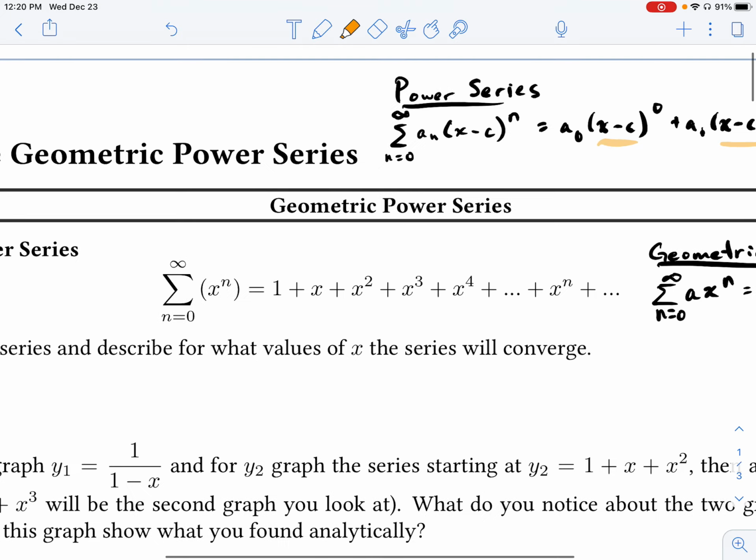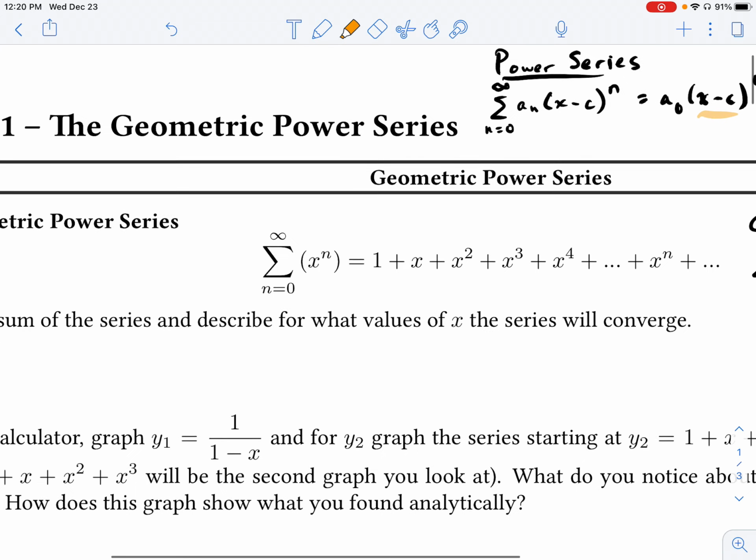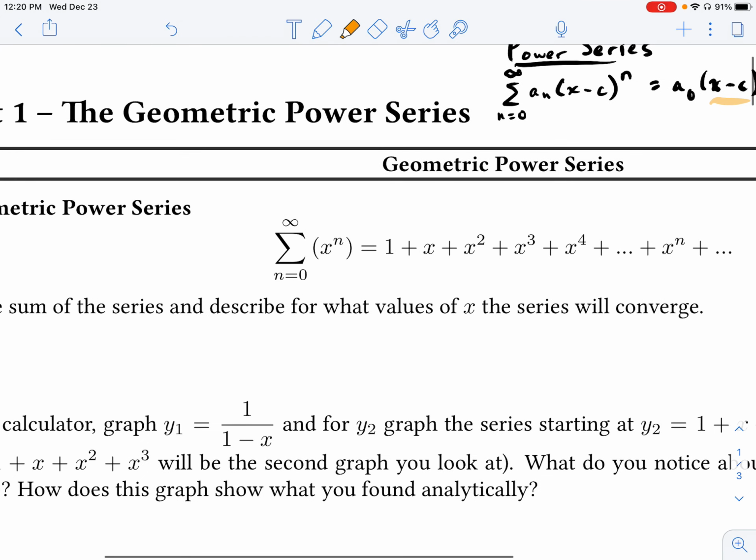So let's look at this particular geometric power series that we have here. So a sub n is x to the n power, and we would write 1, the next term would be x, the next term after that would be x squared, and so on and so forth. Here we notice that our coefficients in this case are all 1, so they're all constant.